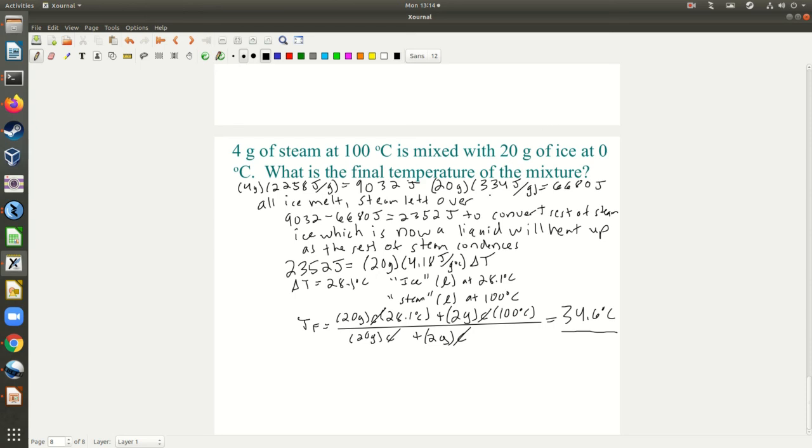Because if the amount of energy left over has a temperature change of, say, 100 degrees, well, that means that it's either all going to melt or it's all going to change to steam. So basically, when I had 20 grams of steam, what that meant was that all of the steam would condense, all of the ice would melt, and then end up turning into steam.